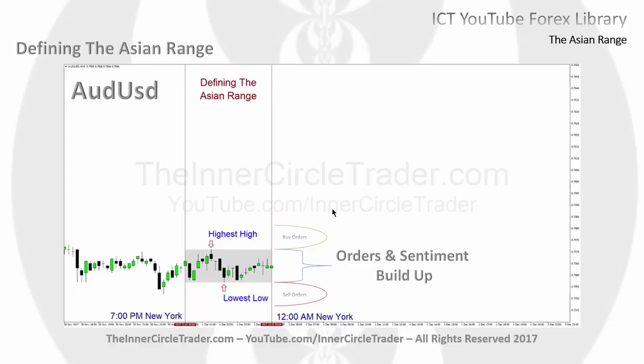Okay, so in other words, without going into IPTA and teaching anything really about that, the market will seek the liquidity above or below this range with a premise that it's going to put them in the wrong side, and then it'll go the other way for the remainder of the trading day.